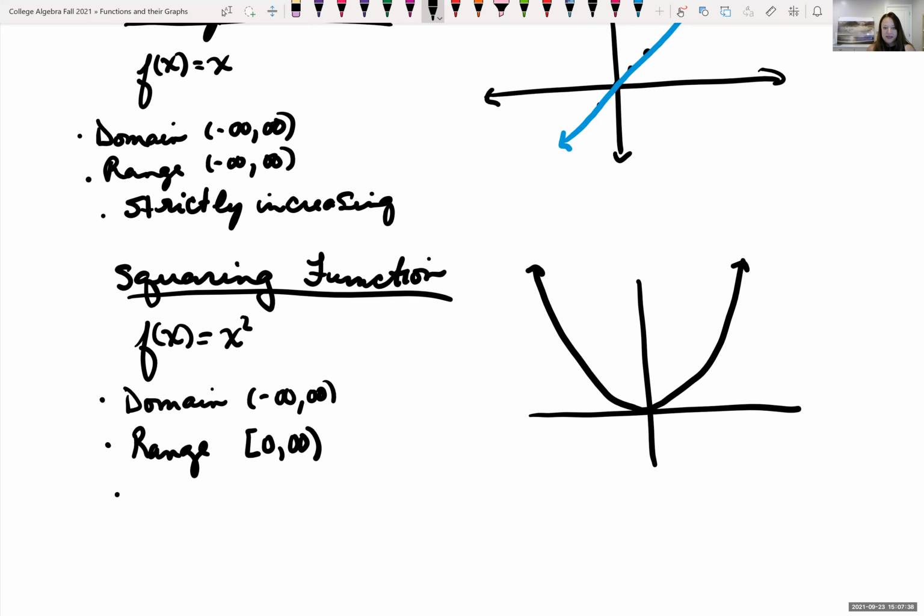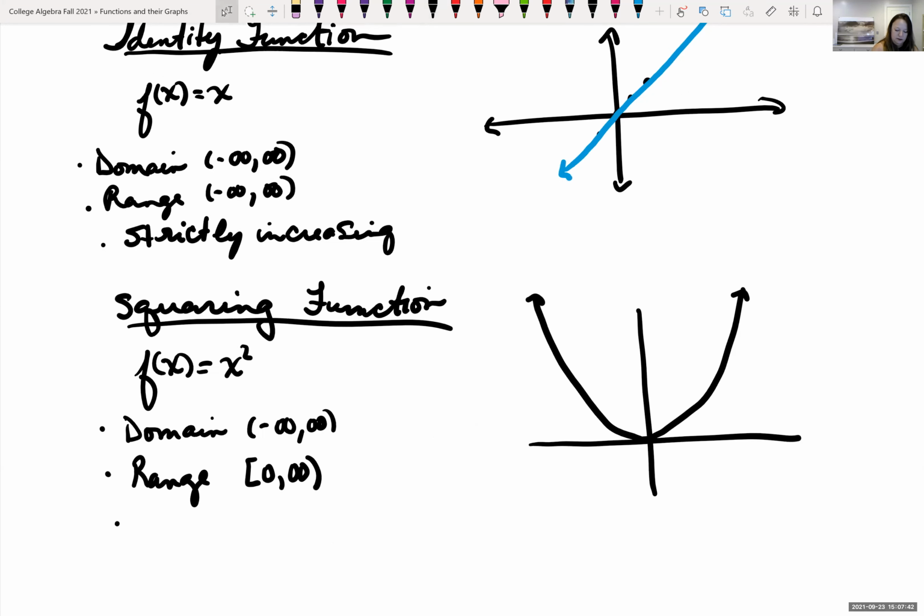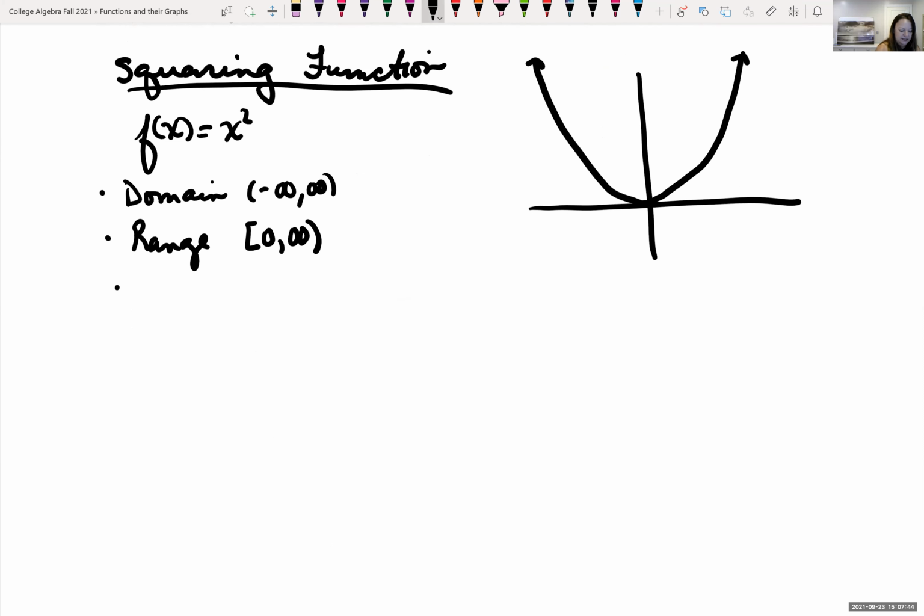If we were looking at the intervals where it was increasing and decreasing, it's increasing on the interval from 0, starting when x is 0, to infinity.